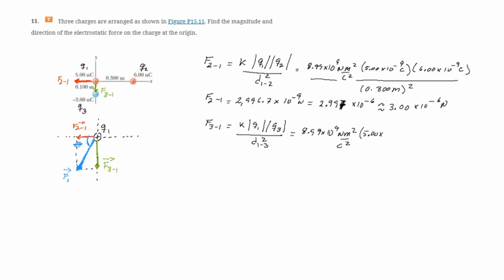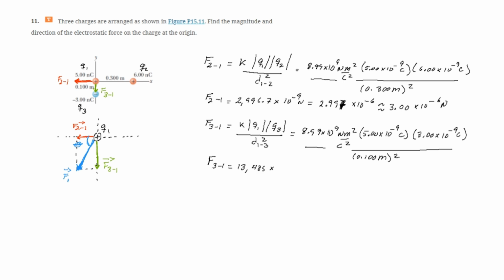The absolute value of negative 3 nanocoulombs will be positive 3 nanocoulombs, so it will be 3.00 times 10 to the negative 9 coulombs. And the distance from 1 to 3 is 0.100 meters, so we divide by 0.100 meters squared. So we get that the force of 3 on 1 in this case is approximately 13,485 times 10 to the negative 9 newtons.